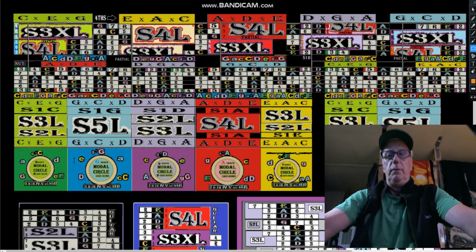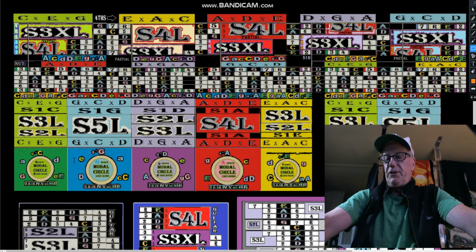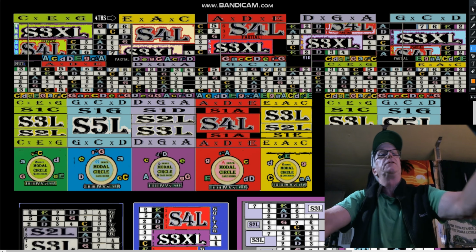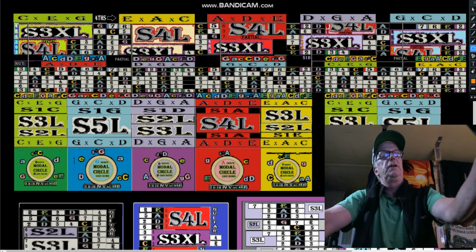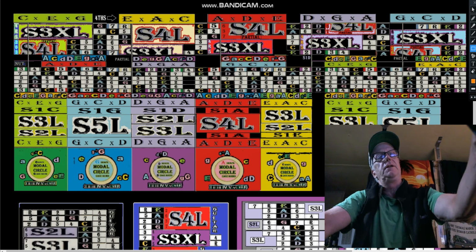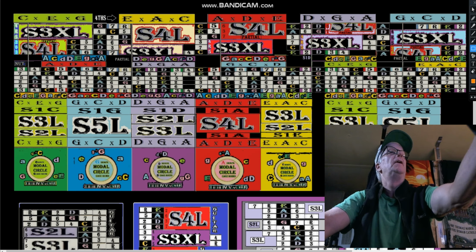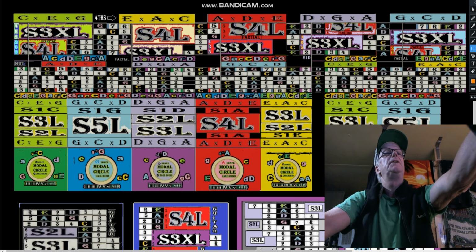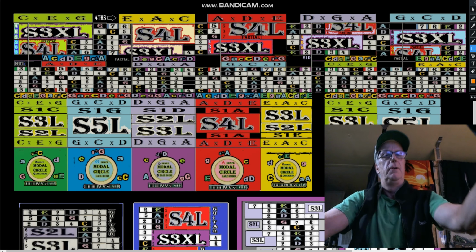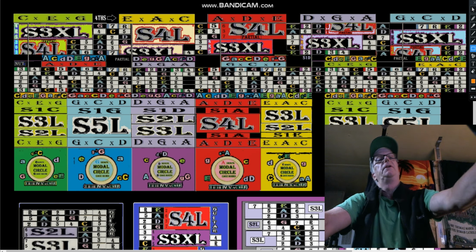When we talk about the 60 chord system, that's not what I'm talking about here. The 60 chord system is each chord has 5 different tonalities. You got C major 7th, C dominant 7th, C minor 7th, C half diminished 7th, C full diminished 7th.